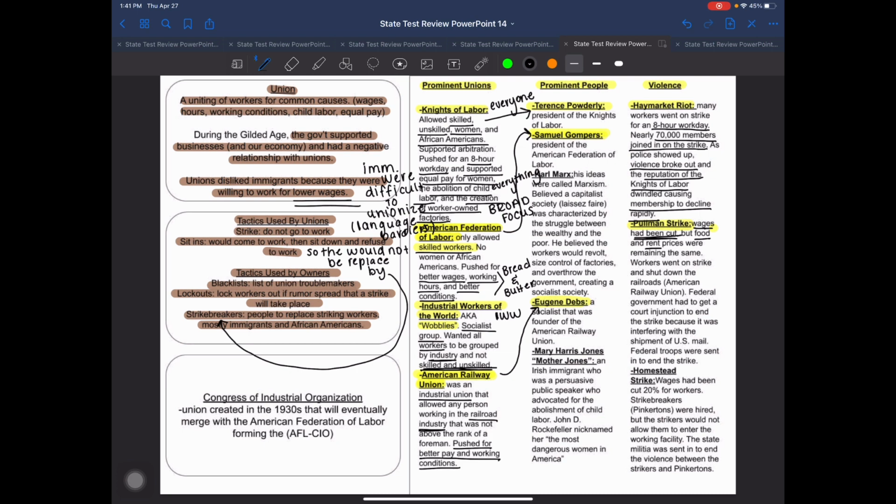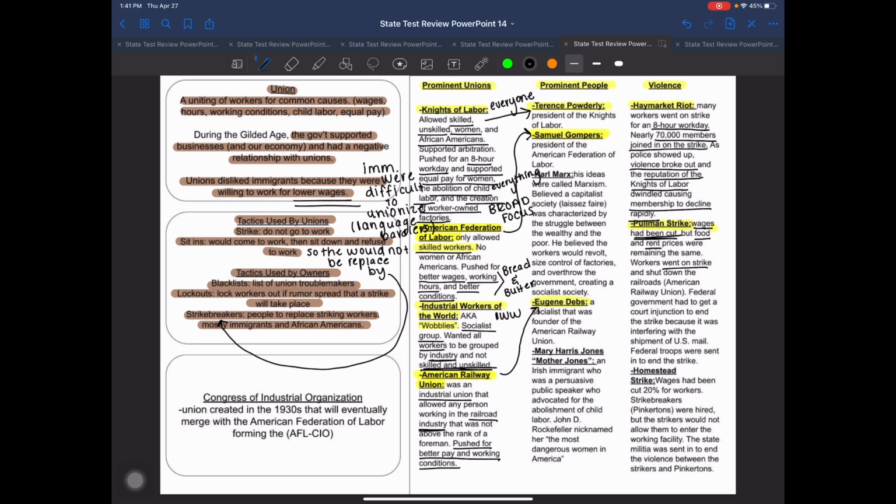So let's make sure we understand what's going on here. He owns the town. He controls prices of everything. He cuts wages for his workers, yet he keeps the price of their rent and their food the same. But they don't have the same money to be able to afford those products. So these workers, obviously, they get mad and they go on strike.